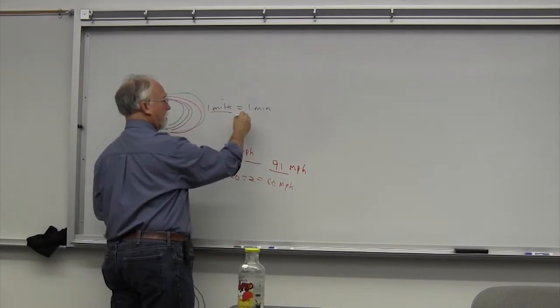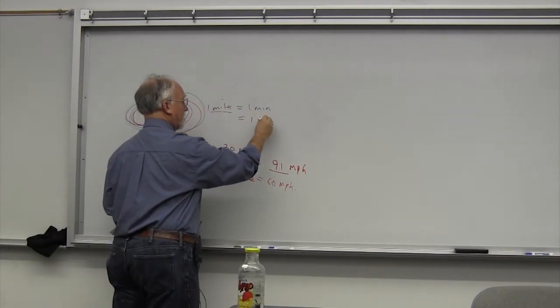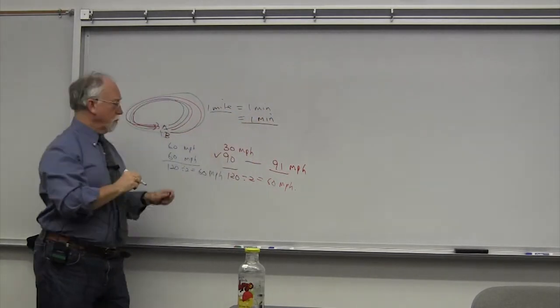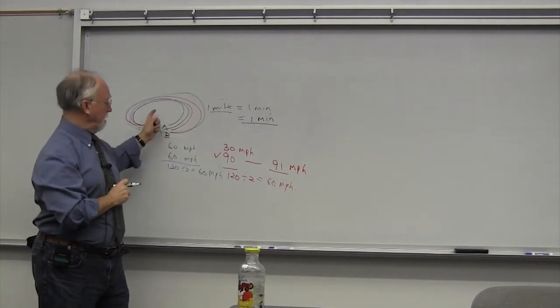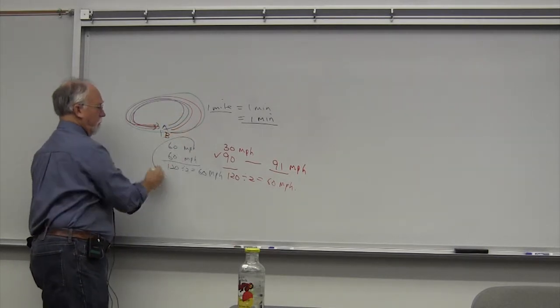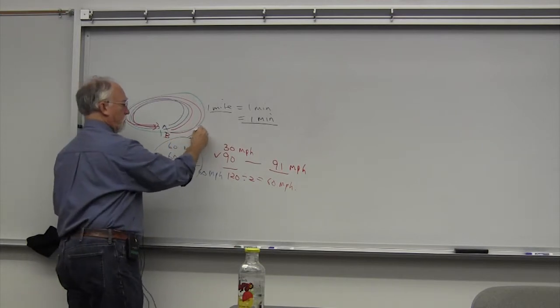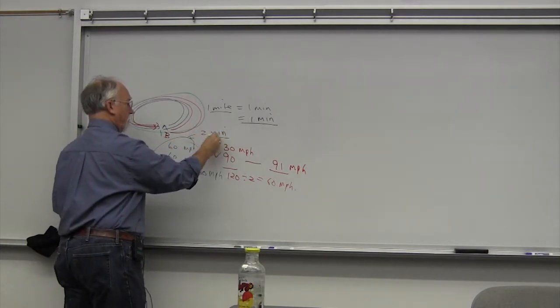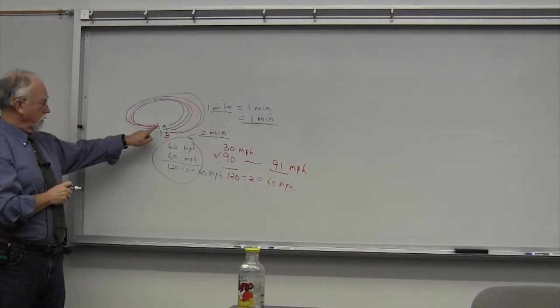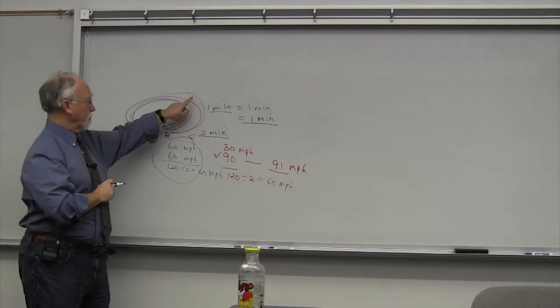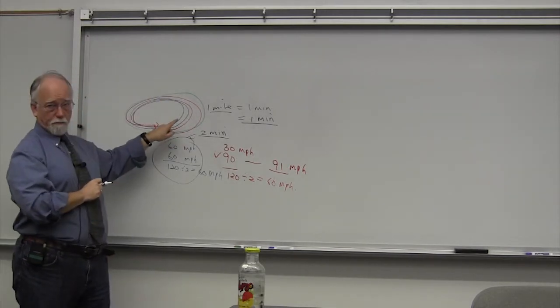Vehicle A does the second lap. That's another minute. So in order for vehicle A to do the two laps, that's 2 minutes. Now vehicle B went 30 miles an hour during that first lap.